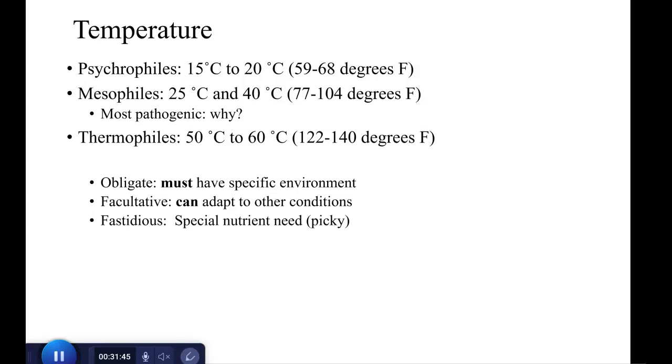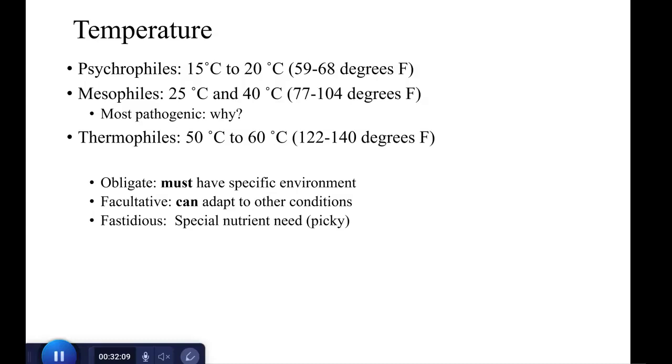When we're talking about the different conditions that bacteria like, oftentimes we'll use different terms. I mentioned fastidious before. That means that they're kind of picky. They're going to have special nutritional requirements. Some that have to have certain conditions would be obligate. They have to have that condition. So obligate aerobes, they have to have oxygen.